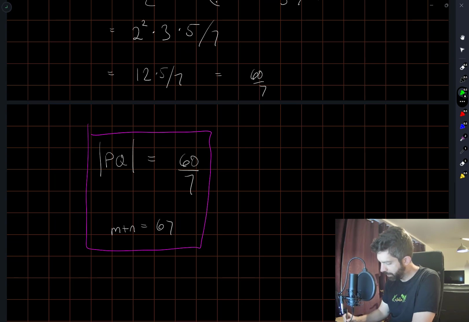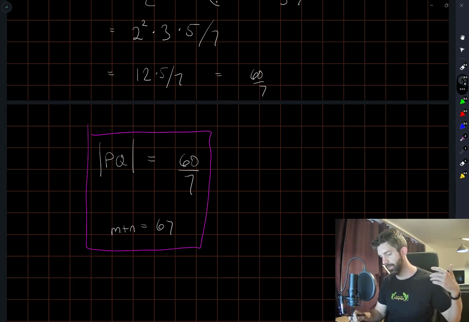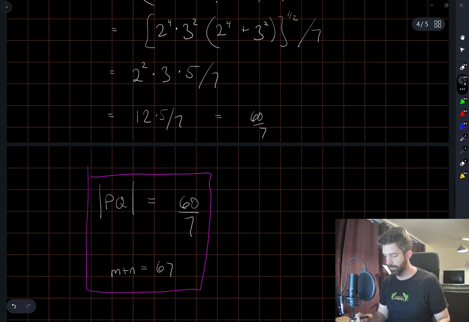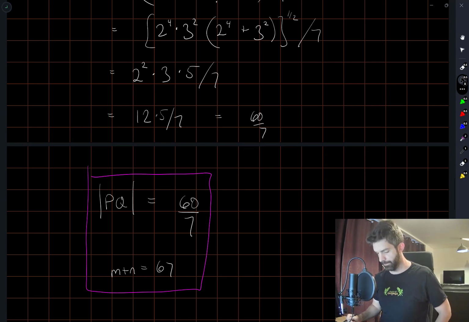Okay, after a whole bunch of algebra, substitutions, a lot of arithmetic, factoring, I eventually get that the length of PQ is 60 over 7, so that m plus n is just 67.